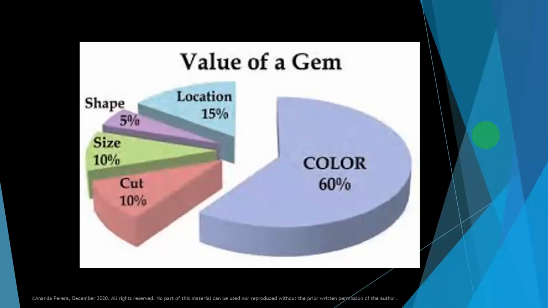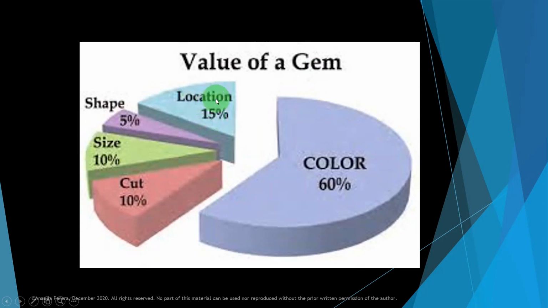Now we are moving to a very important place. Value of a gem. When we are valuing a gem, we have to think about the color, but only 60% for the color. Location, but only 15%. Location means if the sapphire is from Sri Lanka, we can add another 15%. If it is from another country, this 15% is not there.